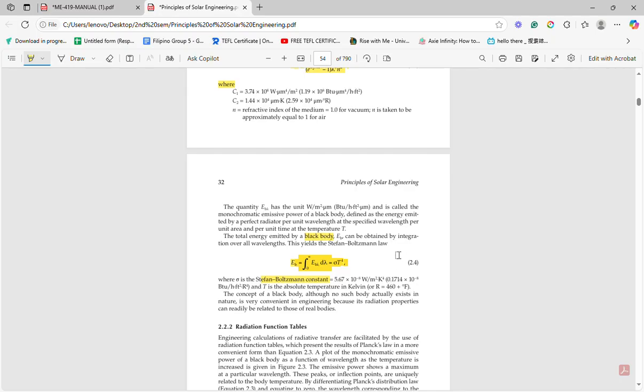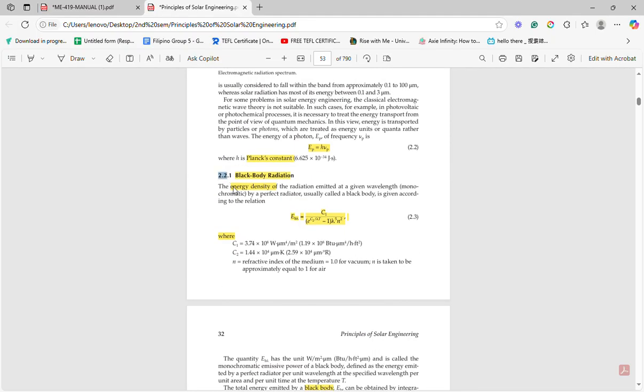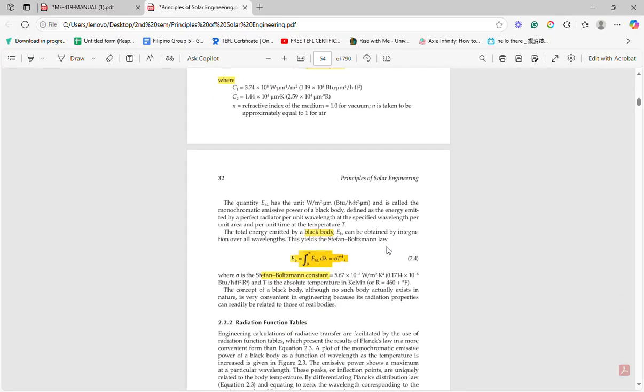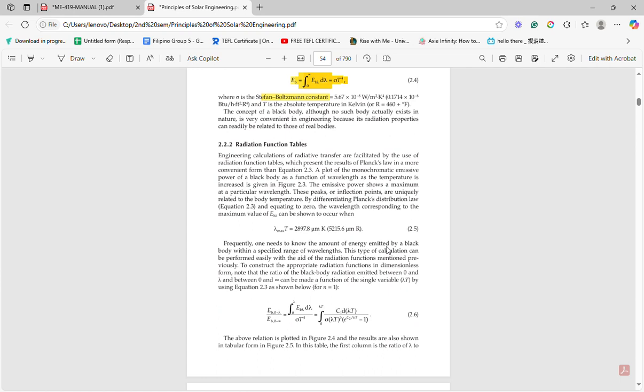So the reason why when we evaluate the integral of this, it's just gonna be this formula, and this is already in terms of watts per square meter since we are talking about energy density.